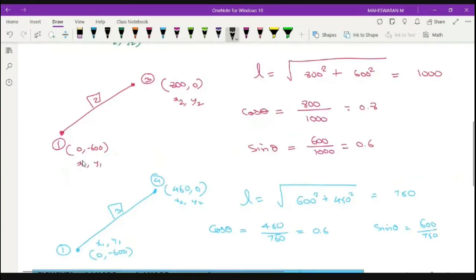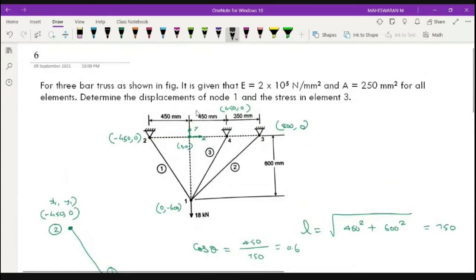The question doesn't ask for the formation of your global stiffness matrix. If you want, you can cut that short also, to minimize your time. But if your answer is right, you will get full marks. Otherwise, you lose some marks because you don't write the steps properly.